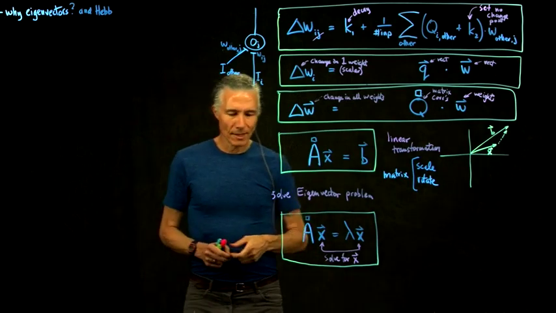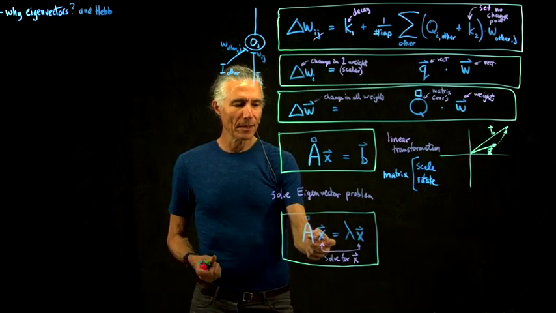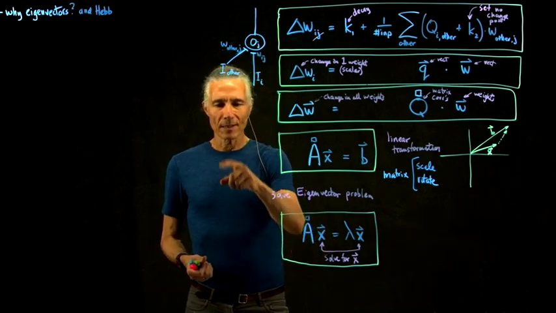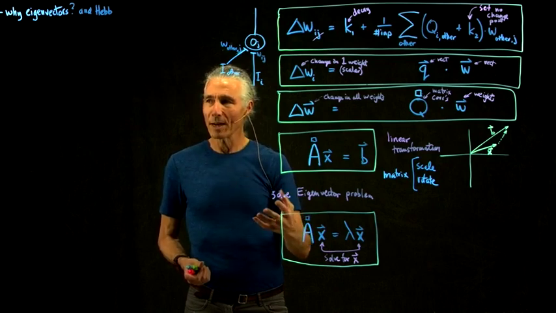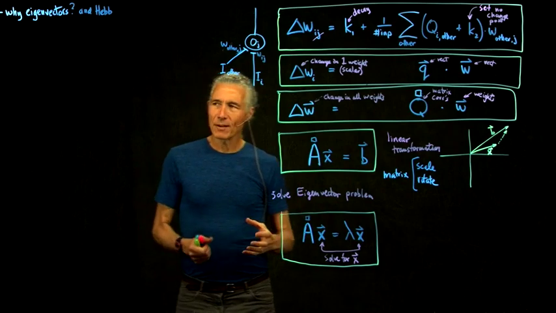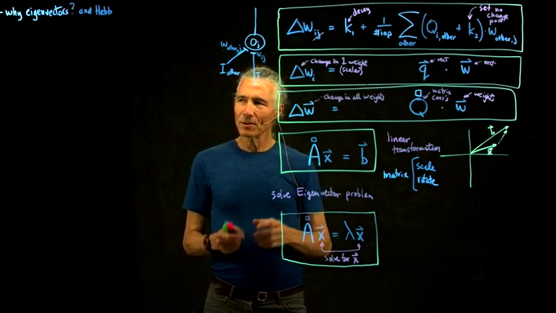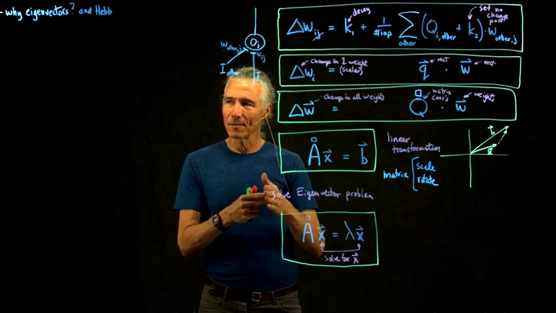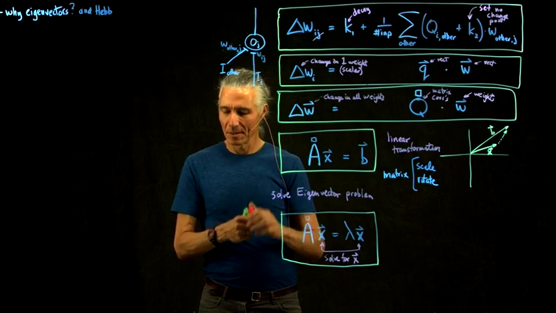It turns out there are as many eigenvectors as there are dimensions in the matrix. So if the matrix is 3 by 3, then there'll be 3 eigenvectors, and they'll be perpendicular to each other. So you can also think of eigenvectors as defining a coordinate system because they're perpendicular to each other.